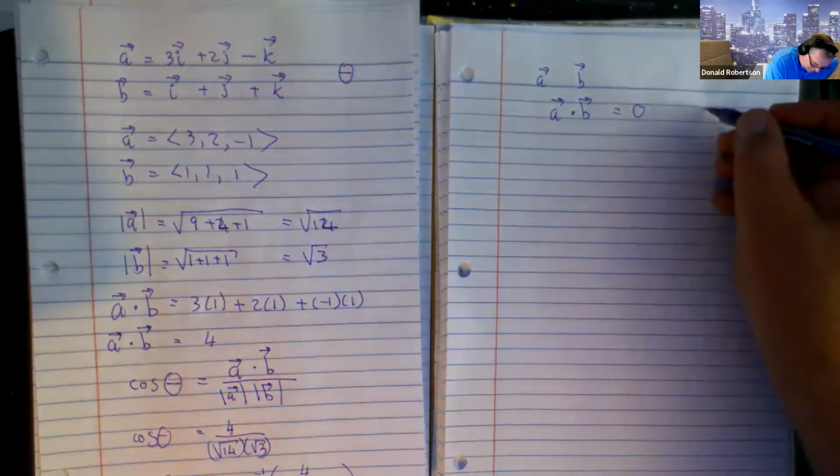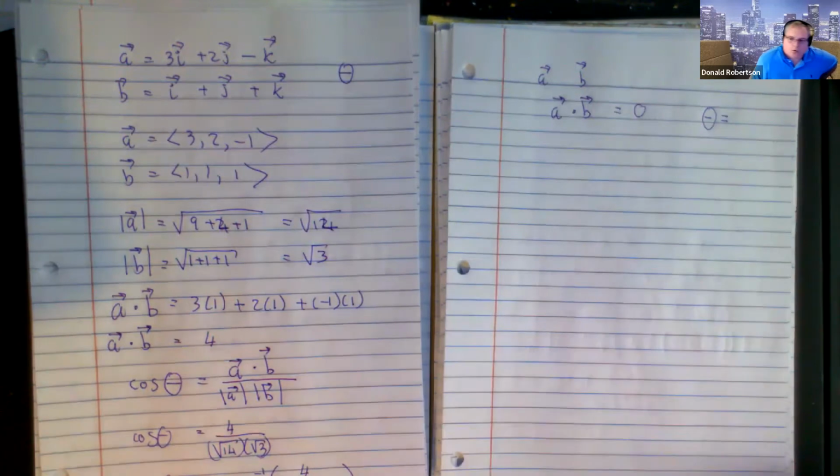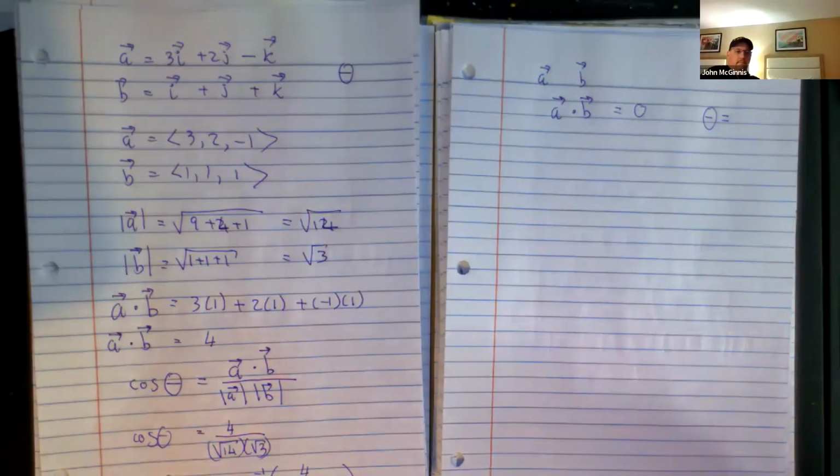I can now tell you what the angle between the two vectors is, based only on the fact that the dot product is 0. Don't know anything else. What's the angle between the two vectors when this happens? 90 degrees. It is.